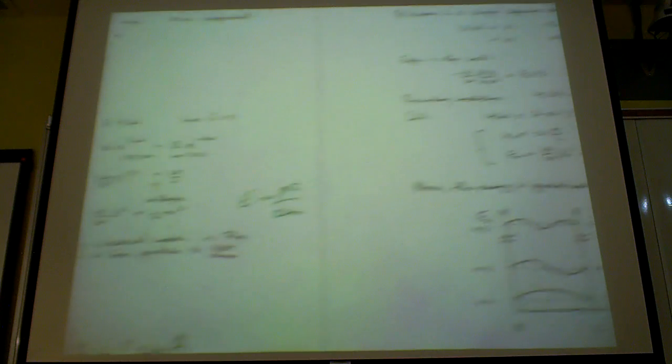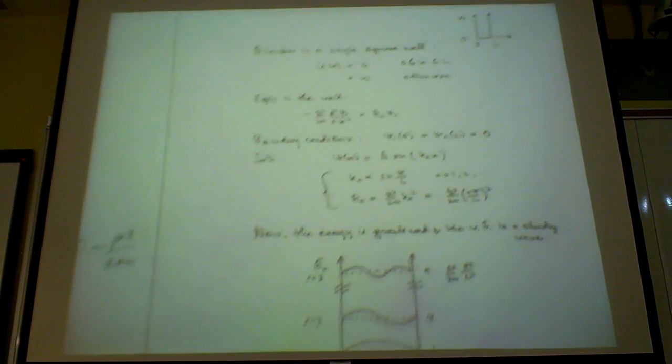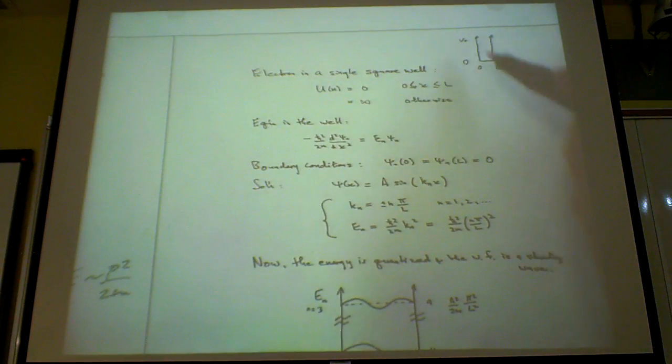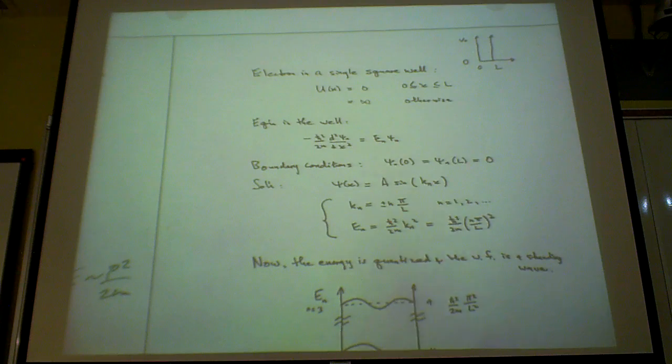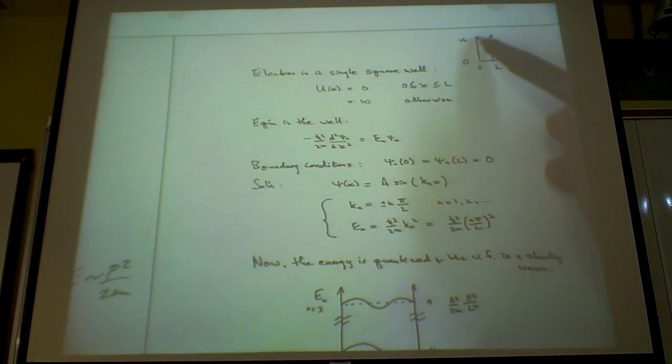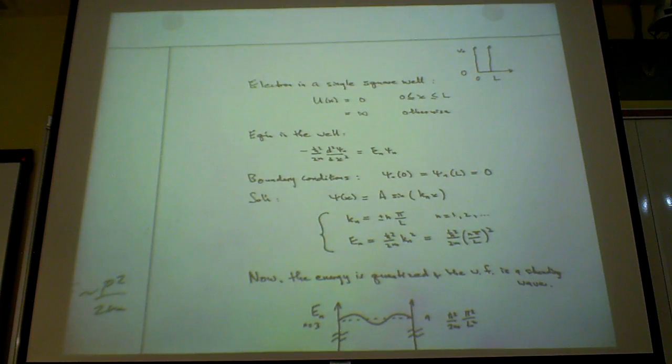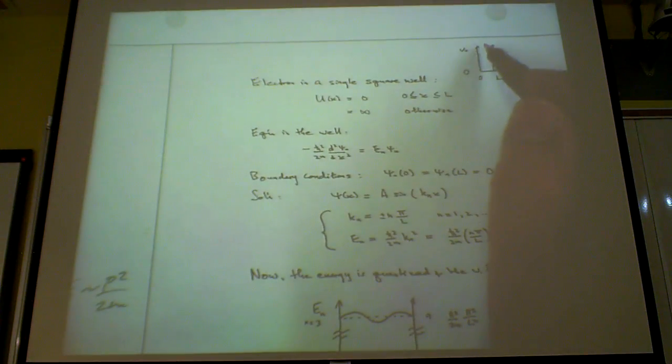And now, if you look very quickly at the electron in a single square well, you put the electron not free, not allowed to move anywhere in space. You put it in a potential like this between 0 and L. This is called a square well, a one-dimensional square well. And you define this potential in this way.